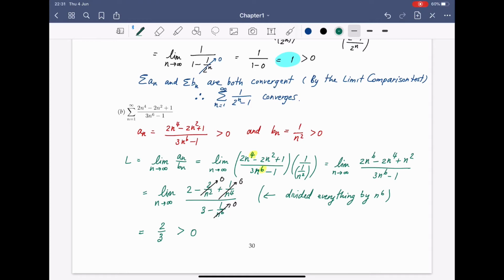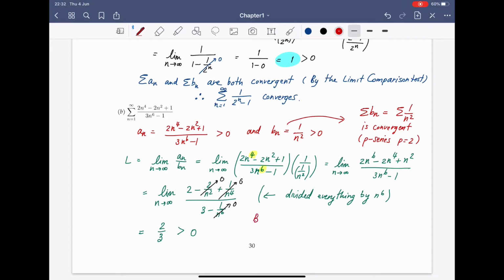So we need to come back and check bn here, so what can we conclude about the summation of bn? The summation of bn is the summation of 1 over n squared. So this thing is convergent by the p-series test, right? This is a p-series where p equals 2. So that means this thing is convergent.